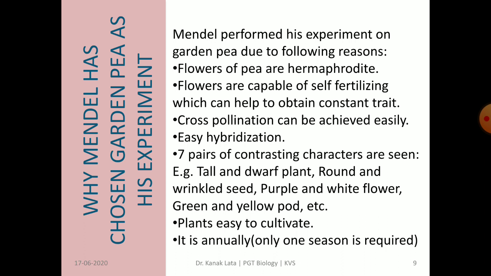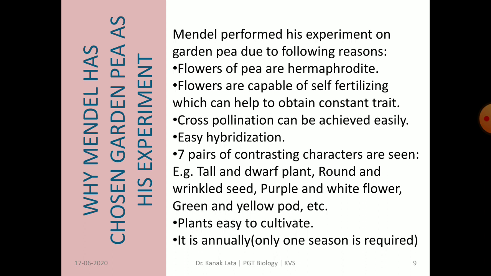That is, both male and female parts, that is stamen and carpel, are present in a single flower. Flowers of pea plants are capable of self-pollinating and self-fertilizing. This helps in obtaining constant trait or pure line.